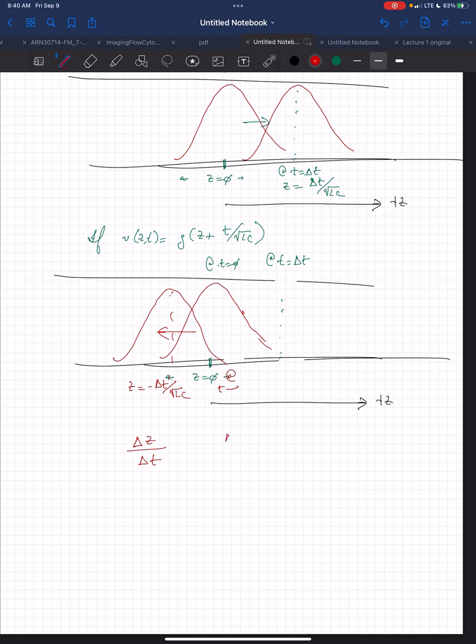And the delta z was square root of delta t over square root of LC. So this is not to be mistaken with voltage. So let me just say velocity. So that's equal to delta t over square root of LC over delta t, which is equal to 1 over square root of LC.